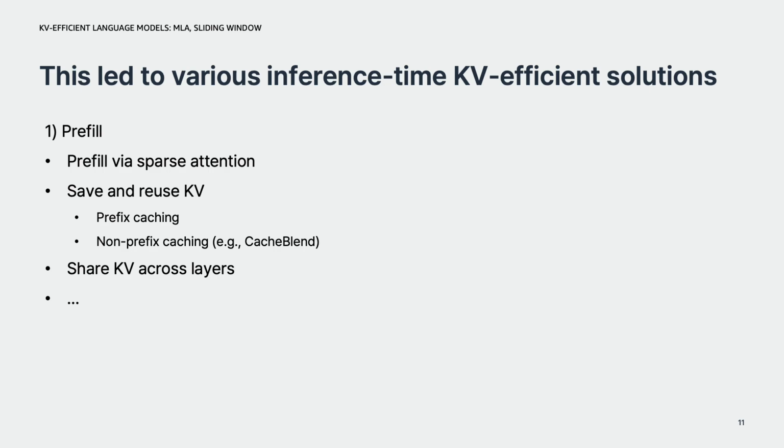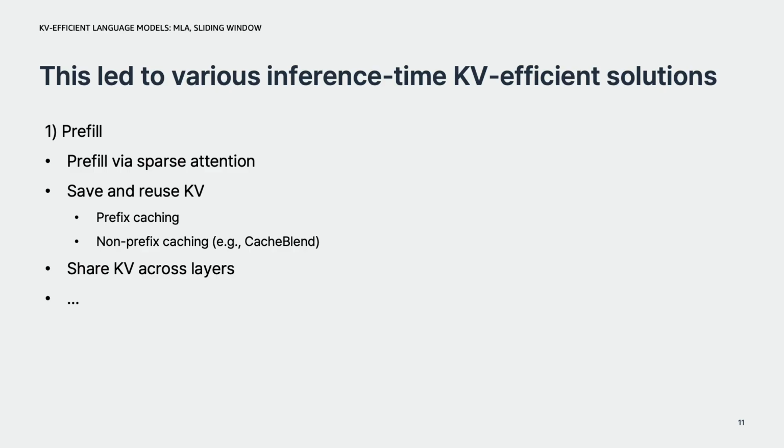Researchers have already acknowledged this problem, and this led to various inference-time KV efficient solutions. Here I will only introduce a brief list. For prefill, one solution would be doing prefill via sparse attention, which would be better than O(S) squared.